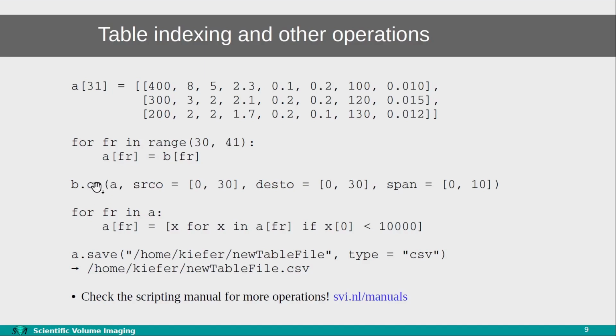This would copy a piece of the table B to an existing table object A, and that would have a source offset, a destination offset, and a span, and these numbers will be a channel position and a frame position.